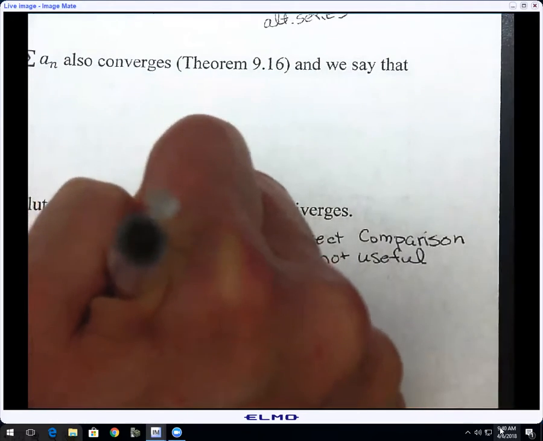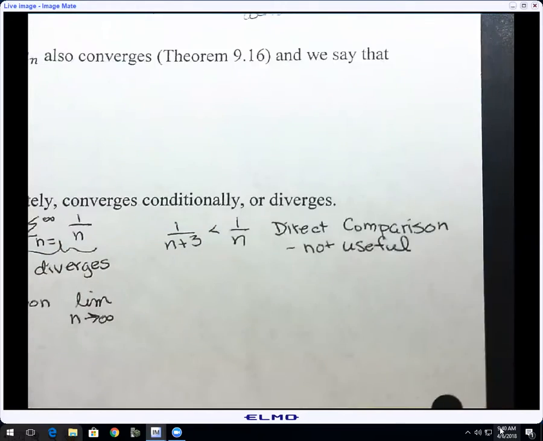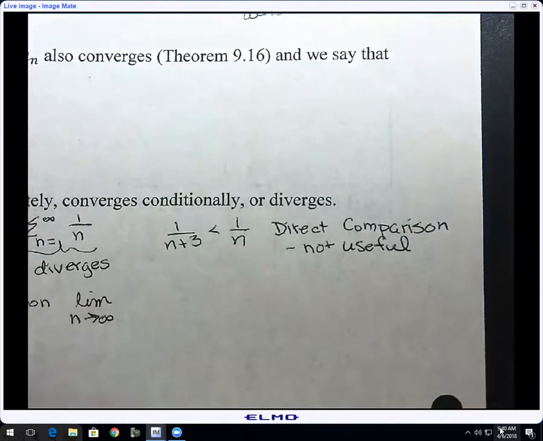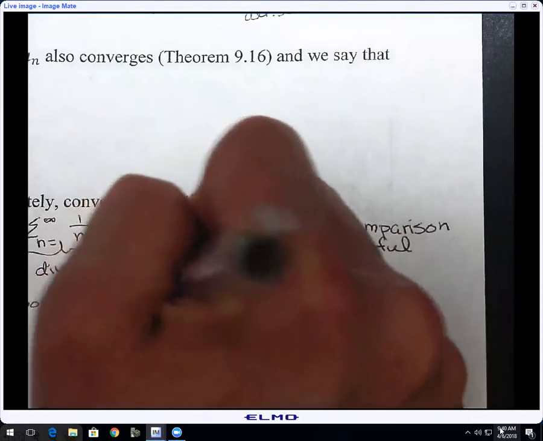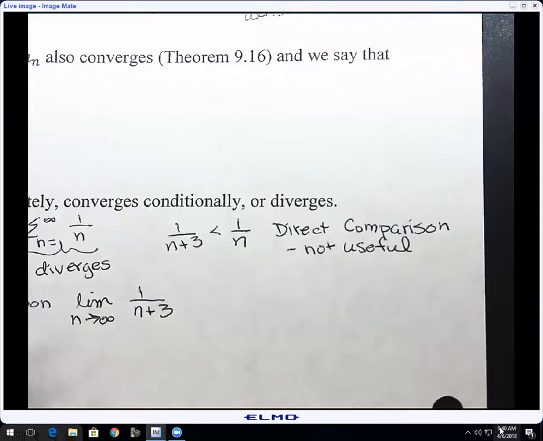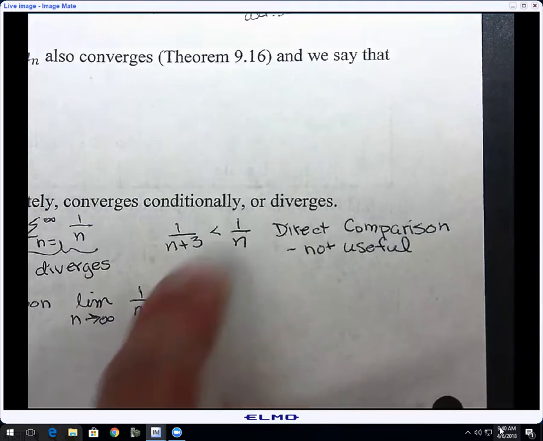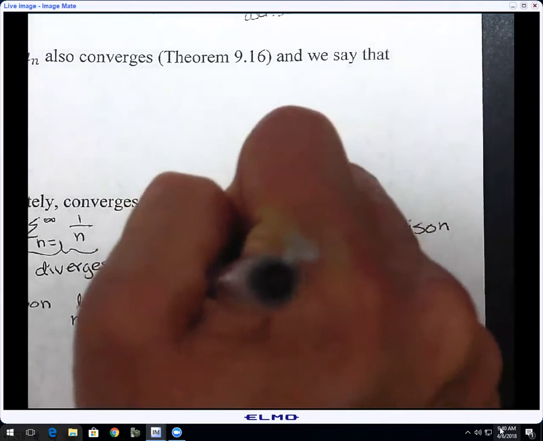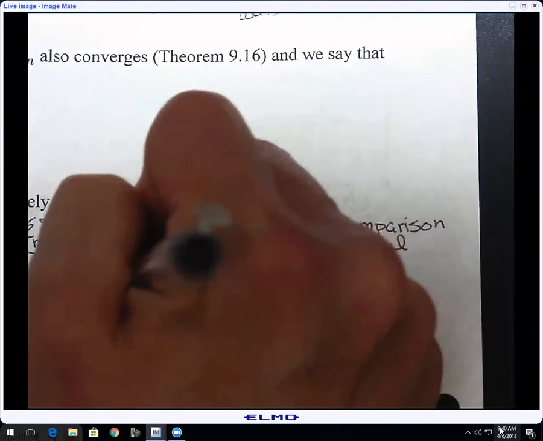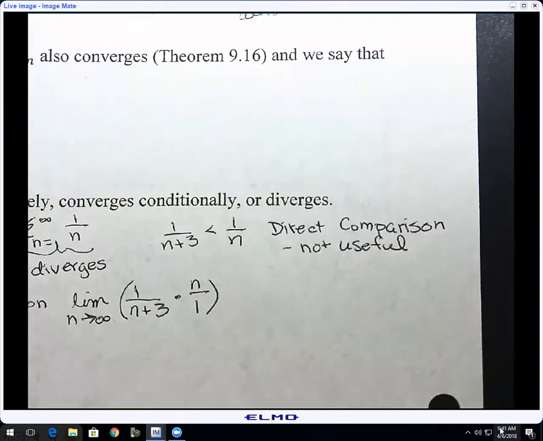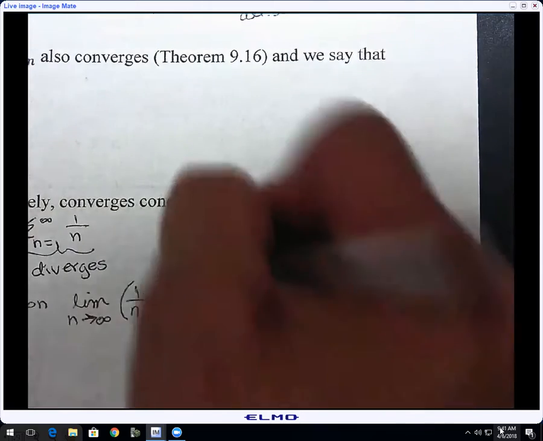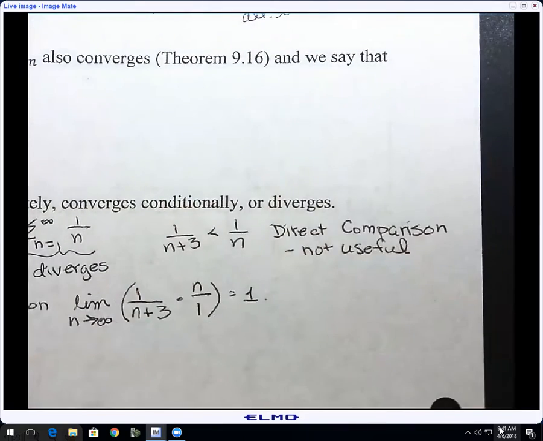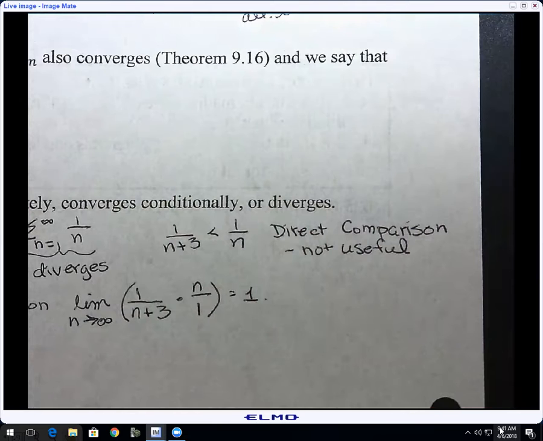Let's find the limit as n goes to infinity of the original series, 1 over n plus 3, divided by what I'm using for comparison. What I'm using for comparison is 1 over n. So dividing by 1 over n is the same as multiplying by n over 1. What's that limit? And what does that tell us? Okay, yes.